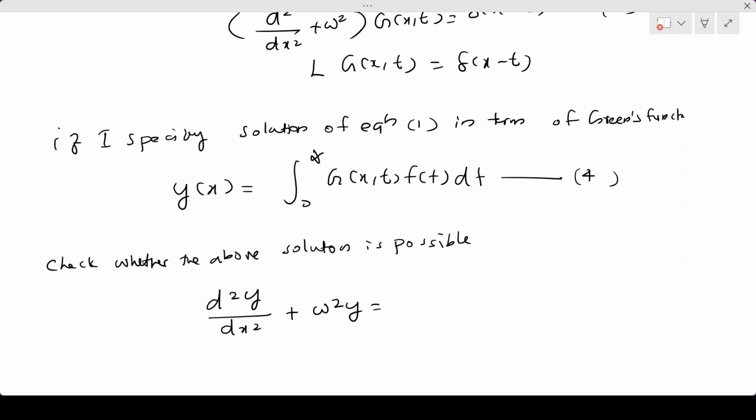So I'm substituting y of x as the integral 0 to infinity g of xt f of t dt.